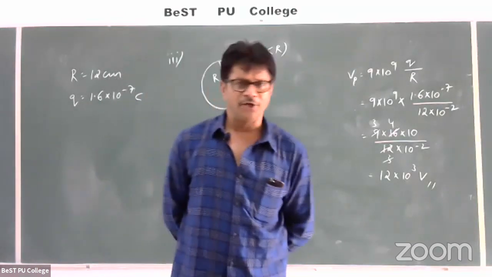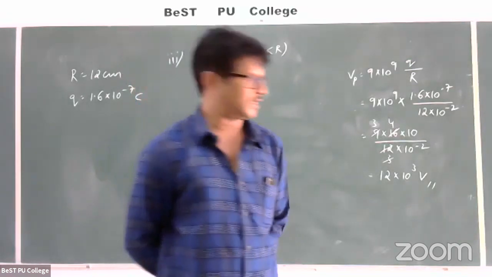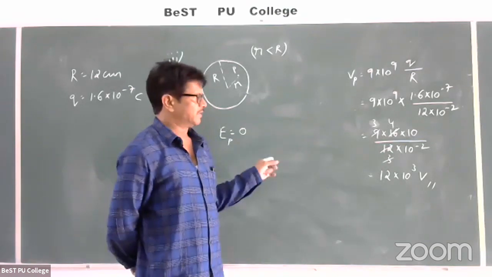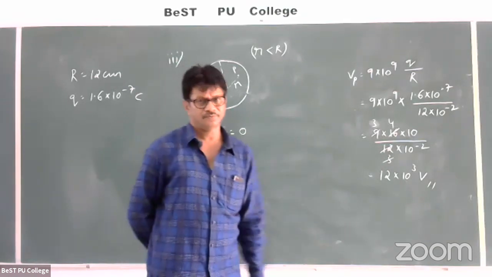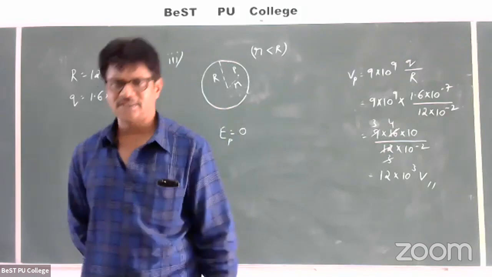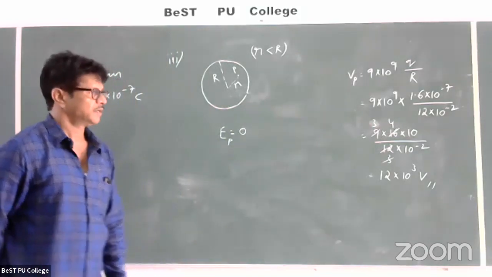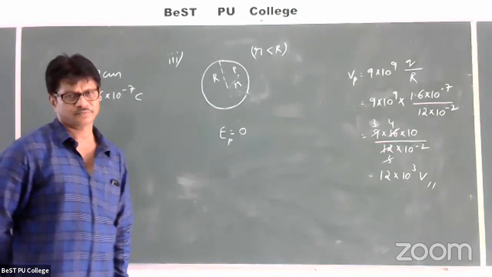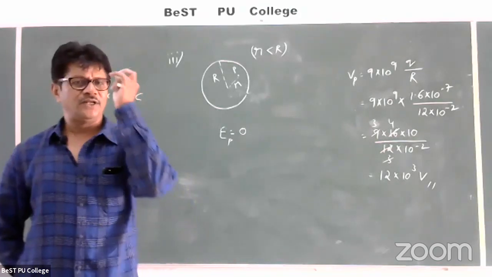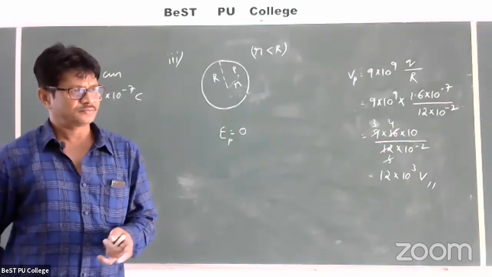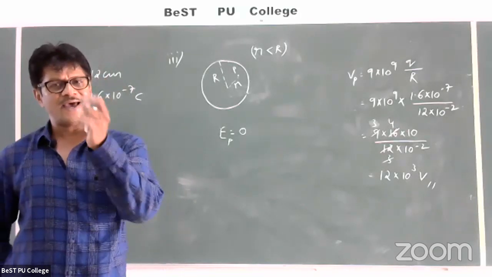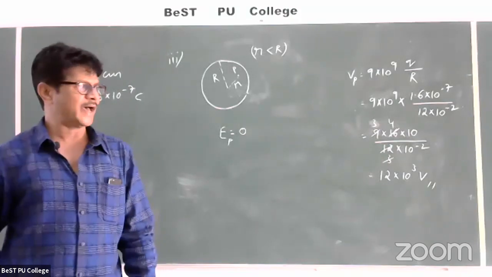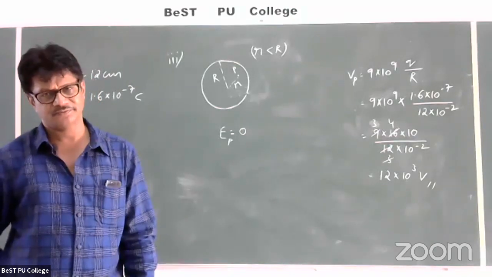Next, what about the potential? That also we derived recently. Okay, next slide. Inside the sphere, the potential is constant and same as on its surface.